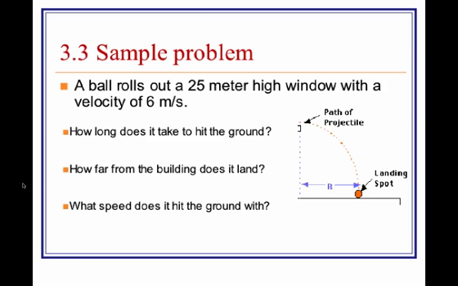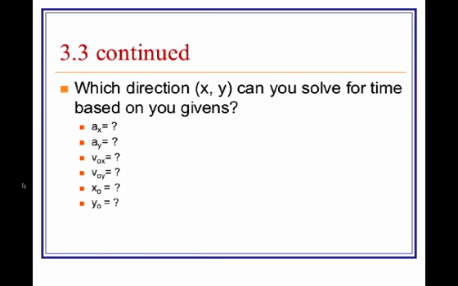To do this, we're going to need to break apart each of our equations into both the X and Y direction. Whenever looking at problems in two dimensions, the limiting factor becomes time. We need to separate our variables into their X and Y direction and look at which ones give us the most information to be able to solve for time.